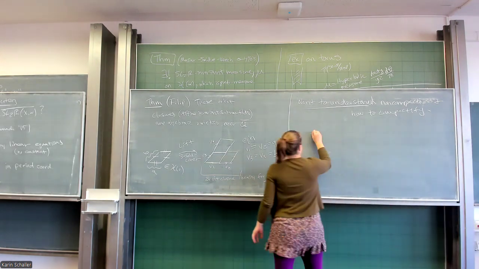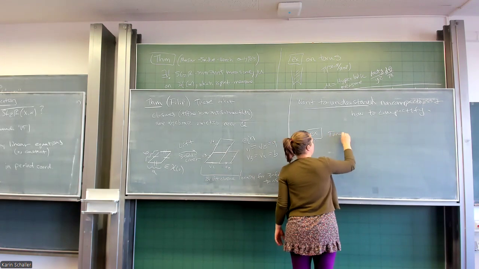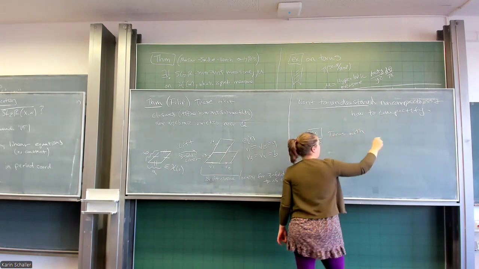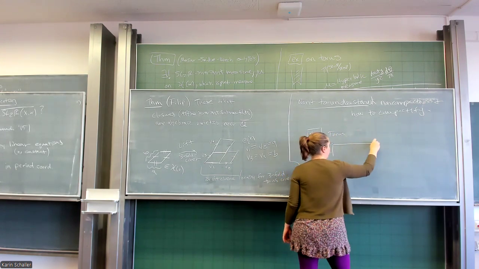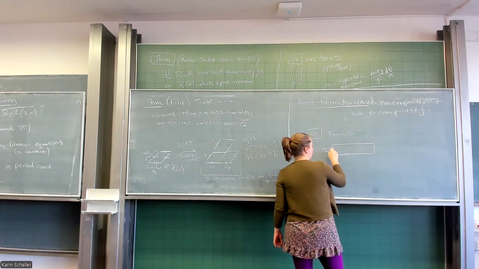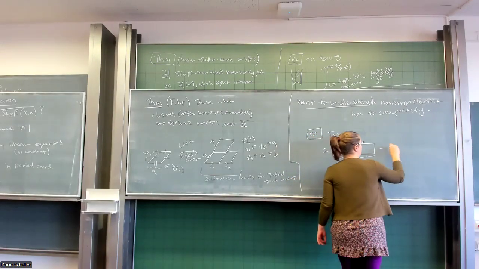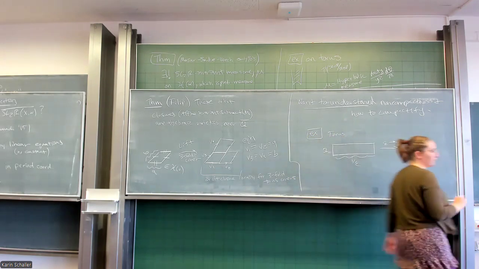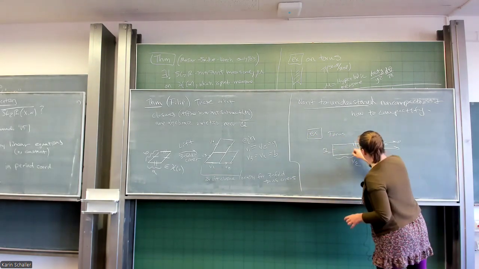So in the first example, I want to take a torus. I want to have side length 1, and then length 1 over epsilon. And I'm going to take epsilon going to 0. So if I take epsilon going to 0, this is really a torus.